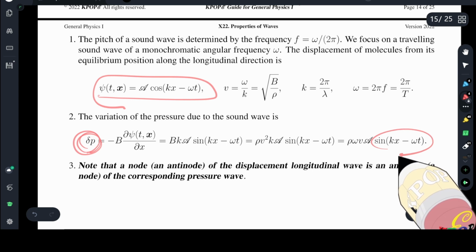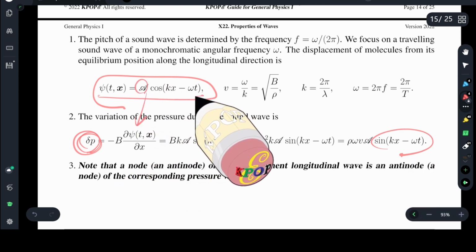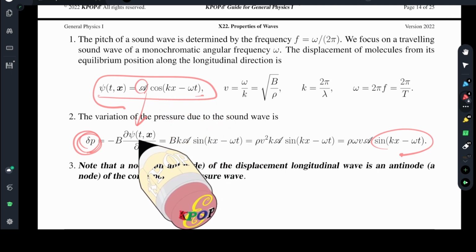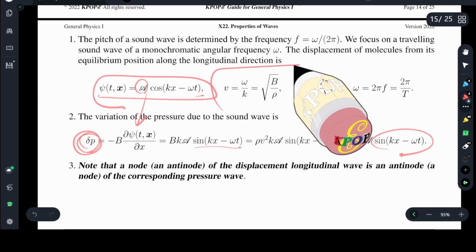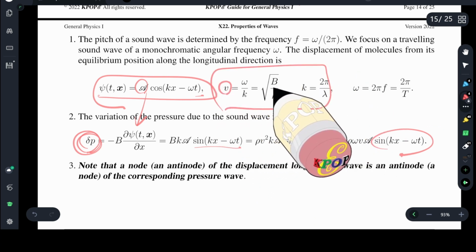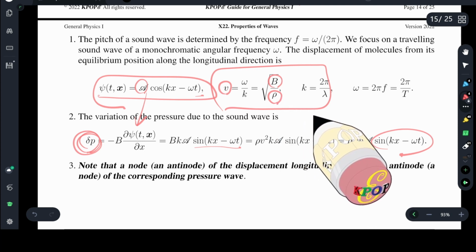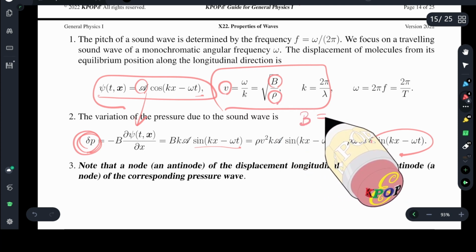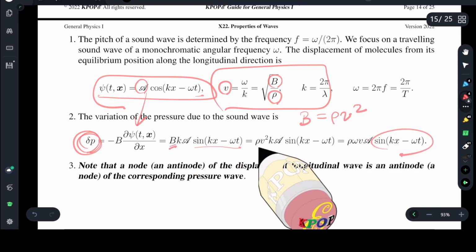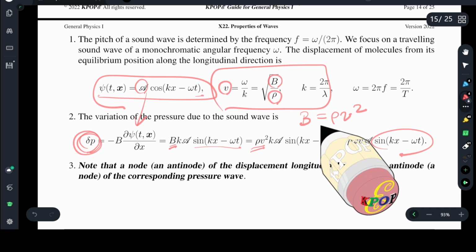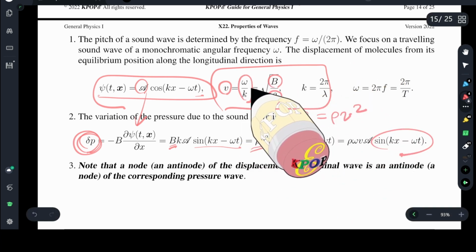In addition, by definition, I can substitute this amplitude with the cosine function. If I substitute, it becomes a sine function, and the relation of the velocity, bulk modulus, and density gives bulk modulus equals rho v squared. I have replaced the bulk modulus with rho v squared. And then I can make use of the dispersion relation.